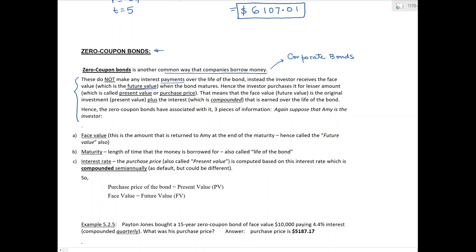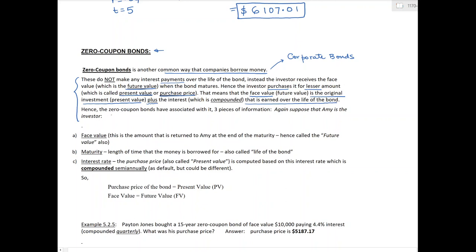Hence, the investor purchases it for a lesser amount, and that is called the present value or the purchase price of the bond. So what this means is that the face value that the bond has is the original investment, which is the present value, plus the interest that is earned over the life of the bond.